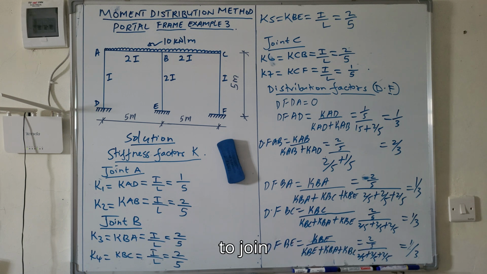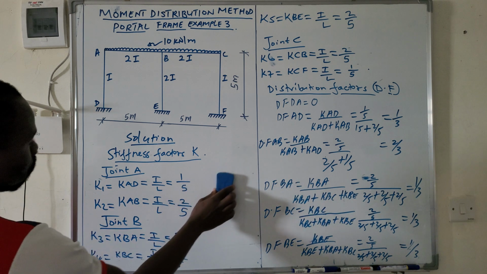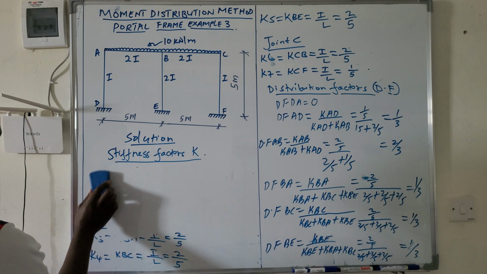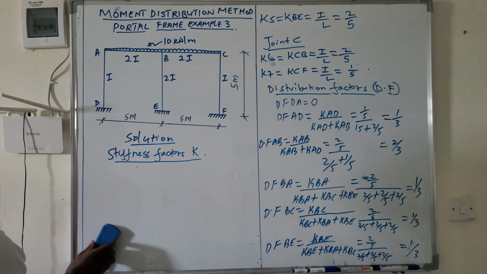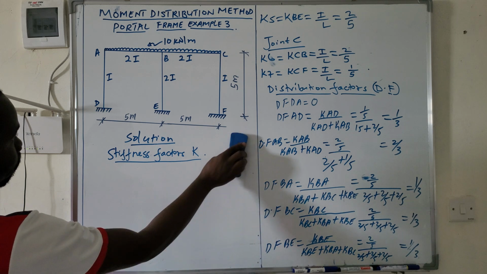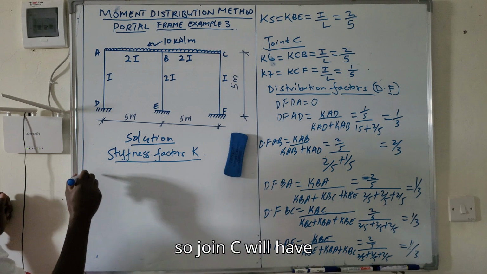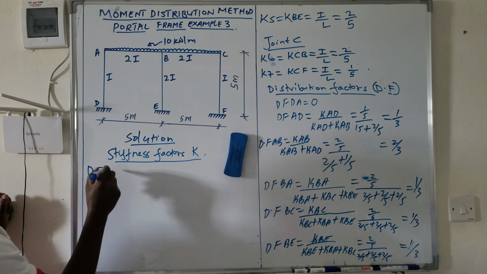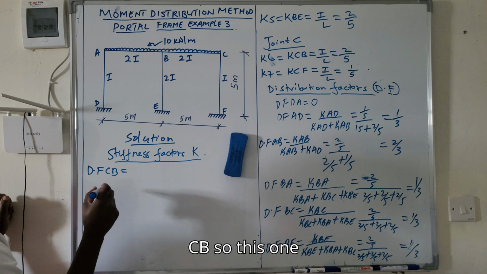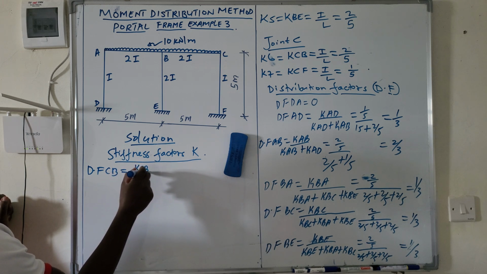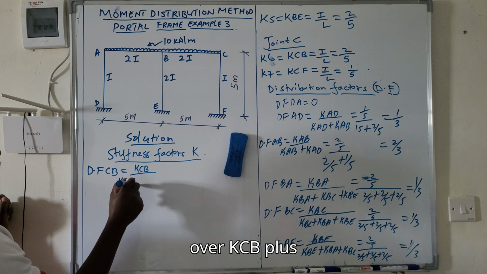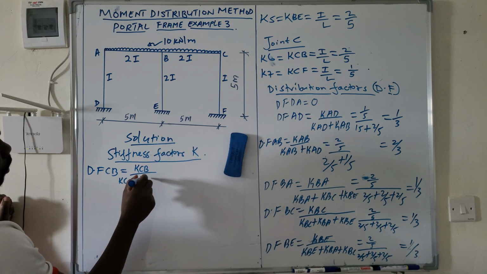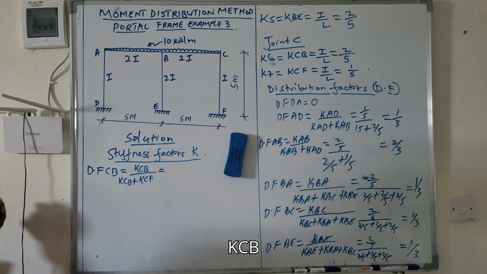We proceed to joint C. Joint C will have DF CB. This one will be KCB over KCB plus KCF.